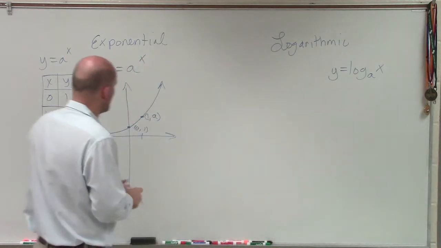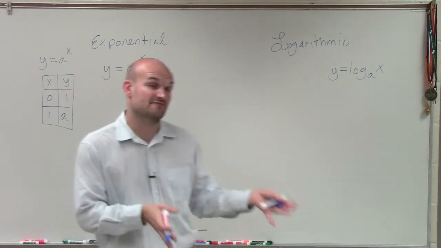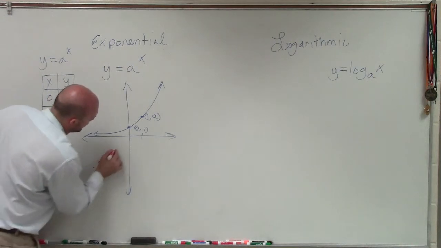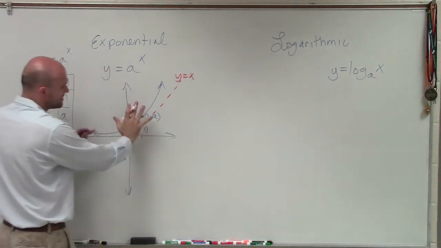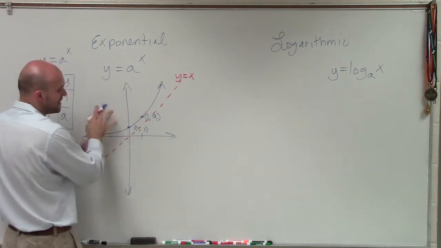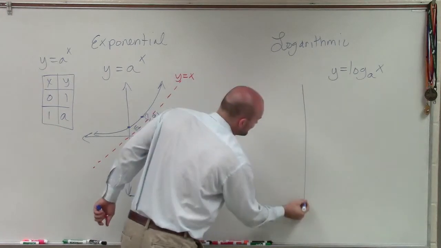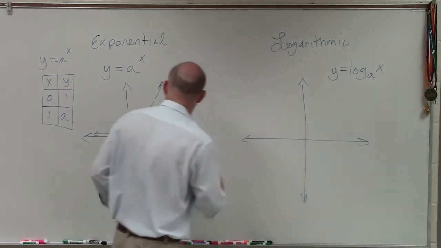All right, so when we're looking at the graph, here's your exponential function. If you guys remember graphing a function and its inverse, one thing that we notice is that a graph and its inverse are reflected about the y equals x line. So if I take this exponential function and reflect it over the y equals x line, what I'll notice is my graph is now going to be reflected.